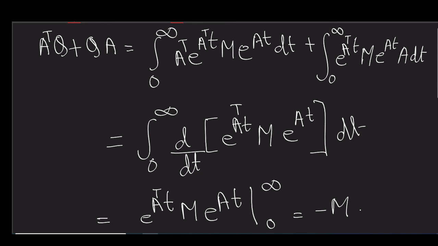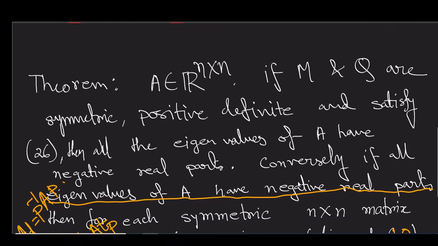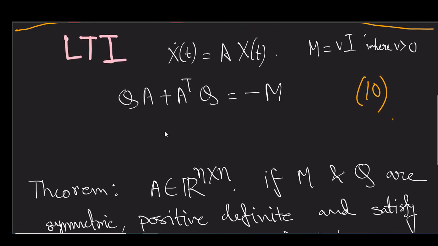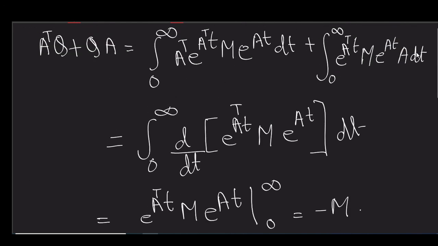So now let us show that Q, this equation 11, is a solution of this one. In order to show that, we compute A transpose Q plus QA. Here we are assuming that this 11 is a solution.